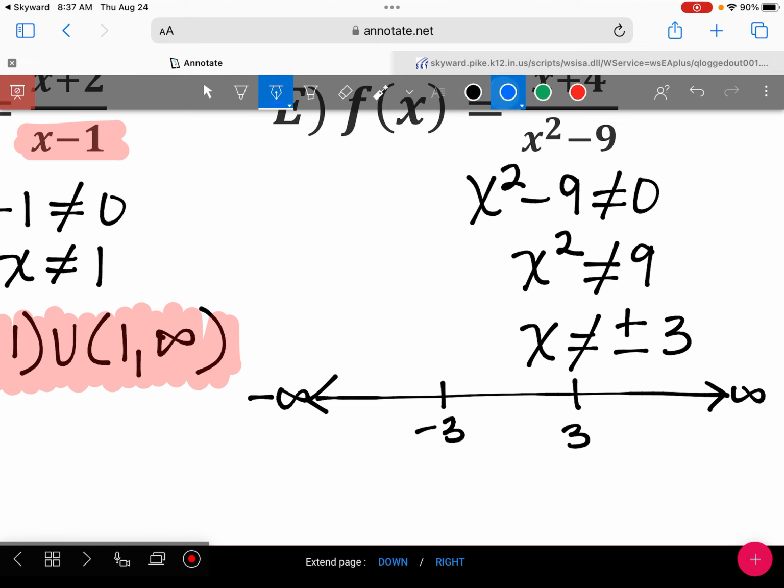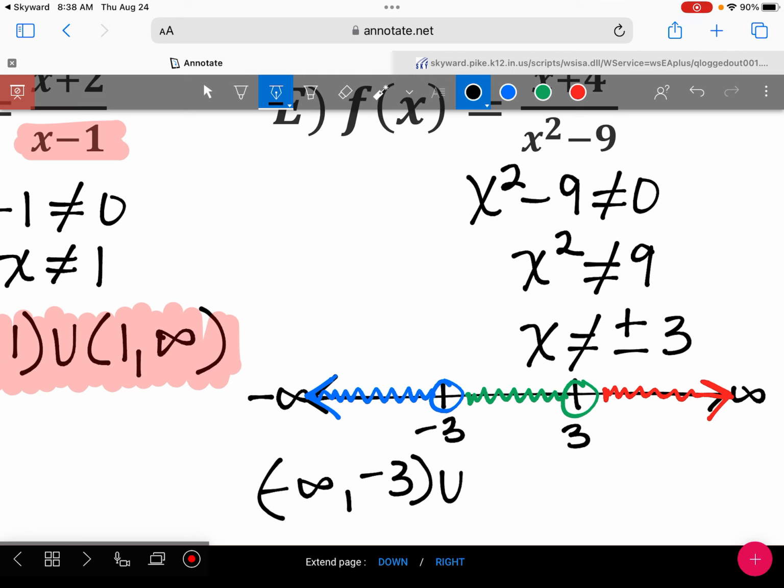There's actually going to be 3 pieces to your domain. We start at negative infinity, we go to -3, we have to stop. Then we go from -3 to 3, we have to stop. And then we go from 3 to infinity. So my domain is negative infinity to -3, union -3 to 3, union 3 to infinity. There's 3 pieces to our domain.